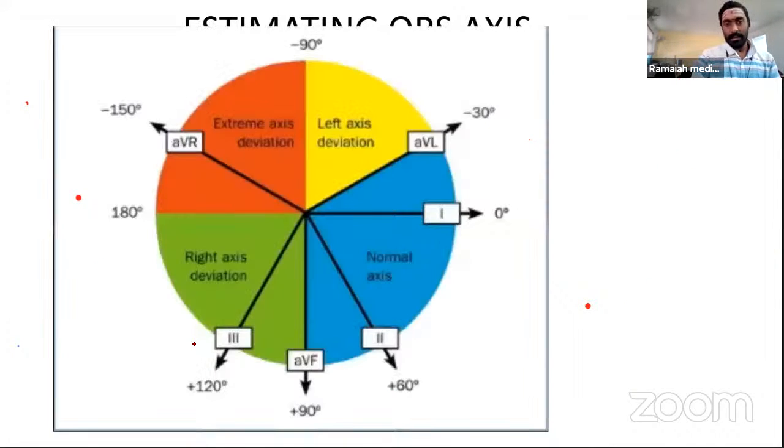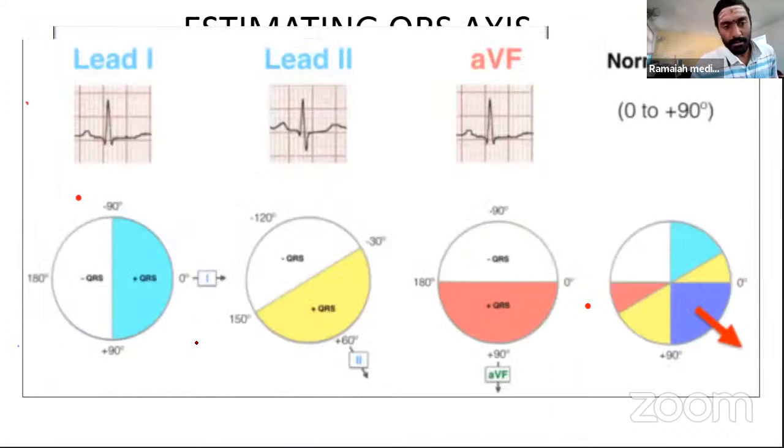So now let's take any 2 leads. This is going to be the activity that I'm going to represent. If I take lead 1, you see the morphology in lead 1. We'll use these 2 leads now, lead 1 and lead AVF. Commonly it is used and it's easy also. So lead 1 is predominant. So you should calculate the net QRS. What do I mean by net QRS?